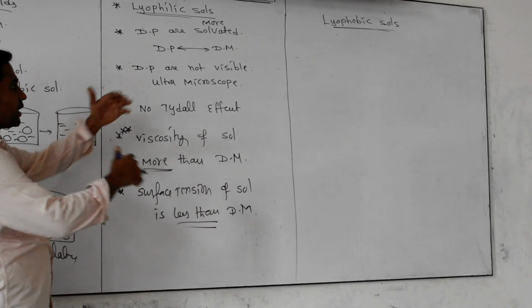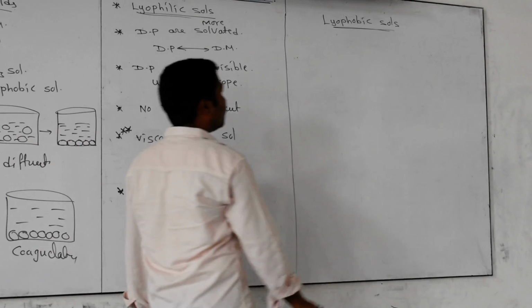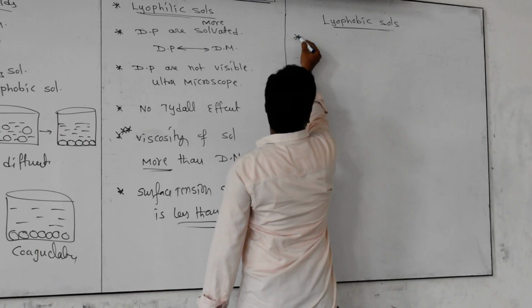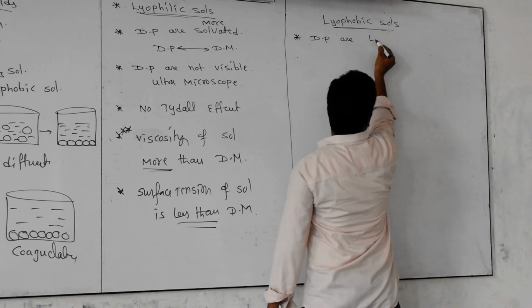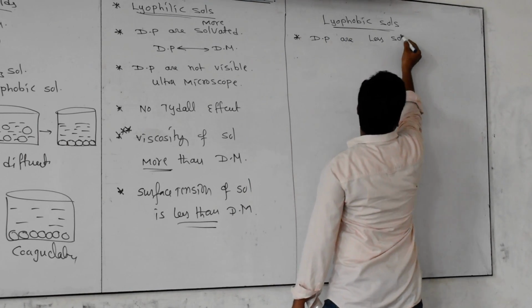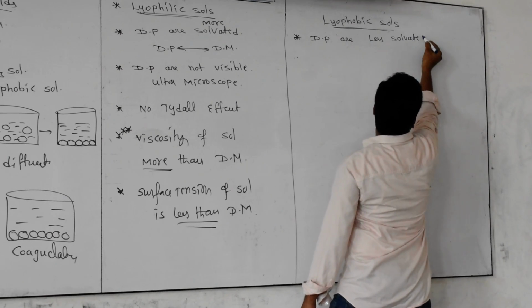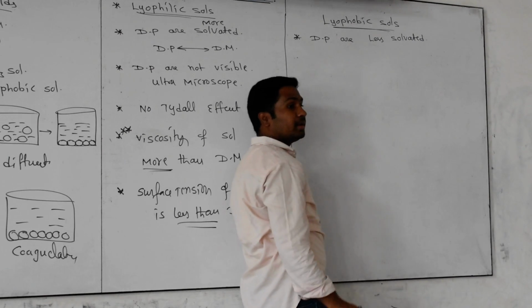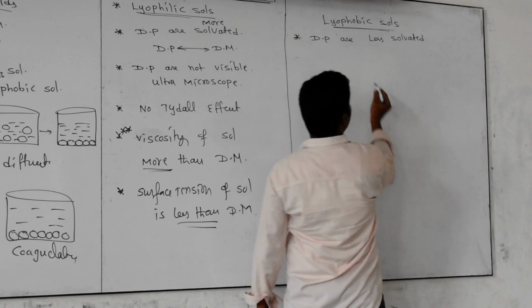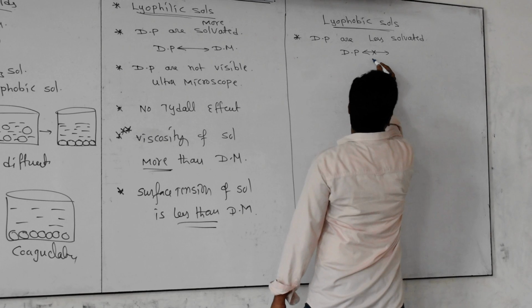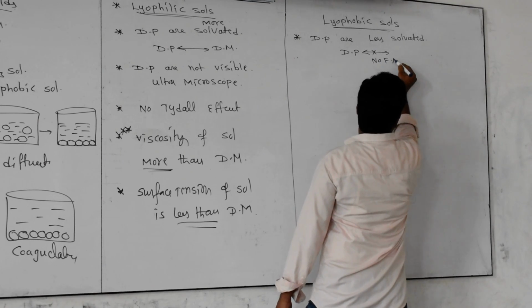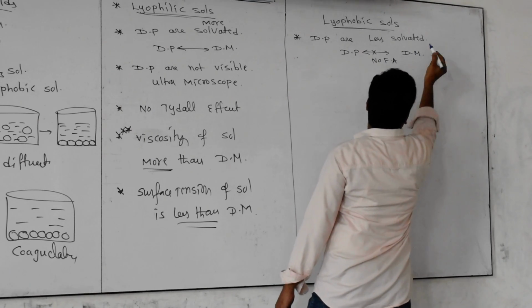Yes. The same characteristics we have to study in lyophobic sols. The dispersed phase or colloidal particles are less solvated, meaning they have less affinity with the solvent, the dispersion medium, because we already know the dispersed phase has little or no force of attraction with the dispersion medium.